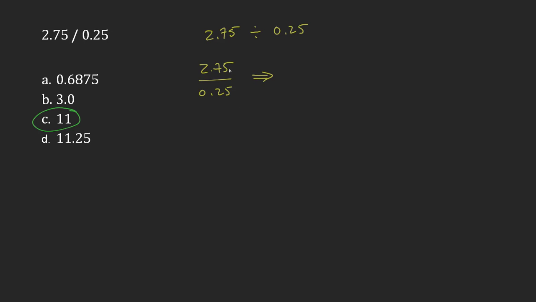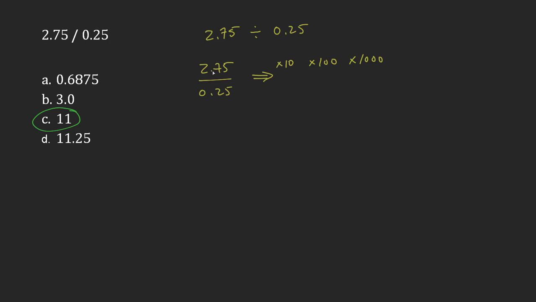You're going to multiply both the top and the bottom by a number like 10, or 100, or 1,000, or whatever it is you need in order to get the decimal point out of these values.